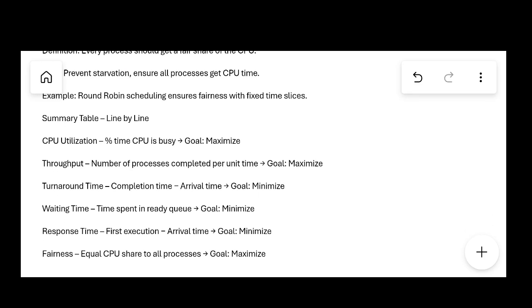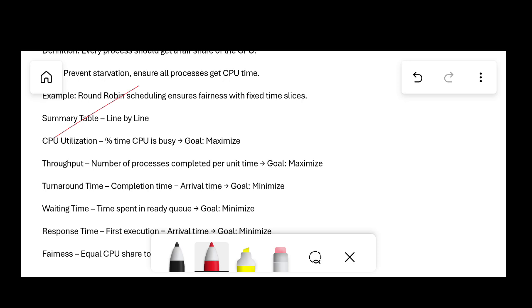Summary table. To summarize, here is how the parameters work. First is CPU utilization: keep the CPU busy, maximize. Then throughput, number of processes completed, maximize.